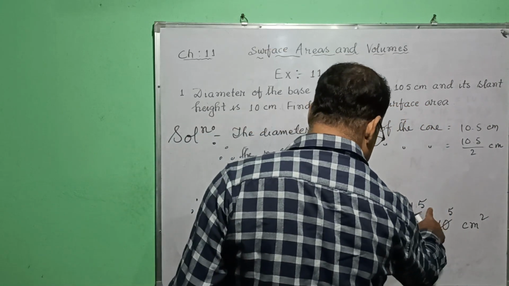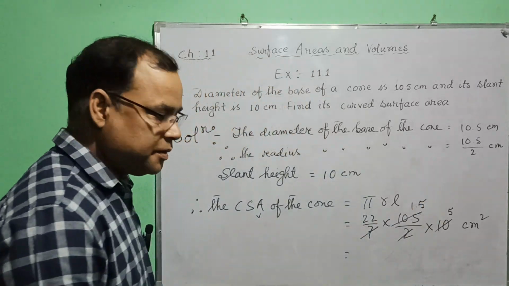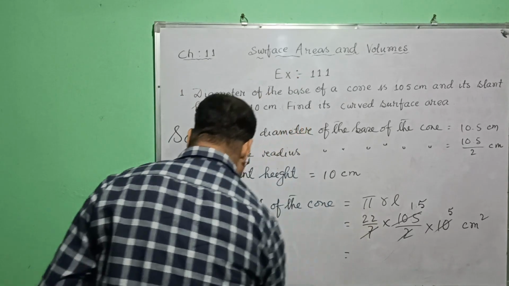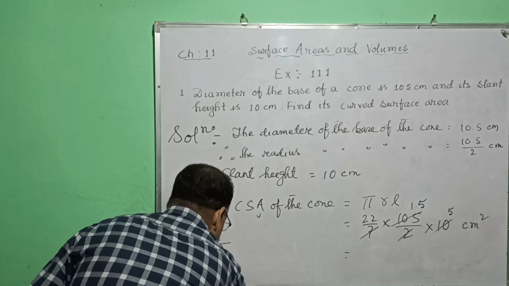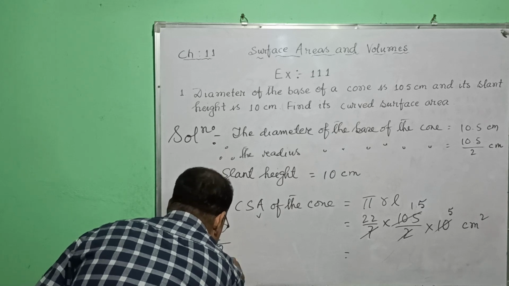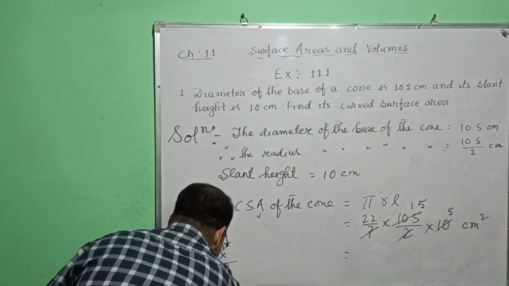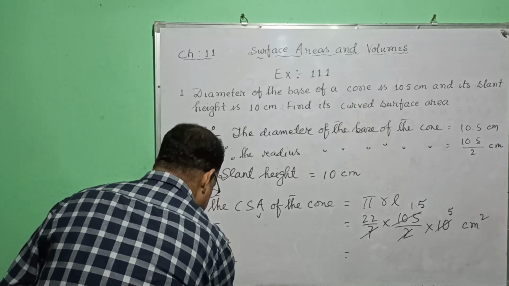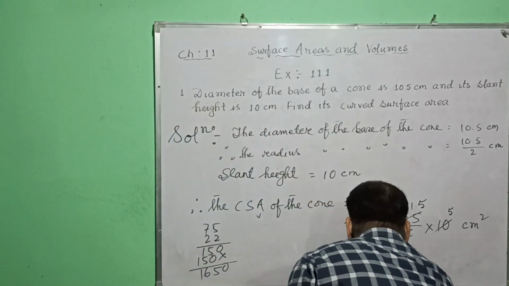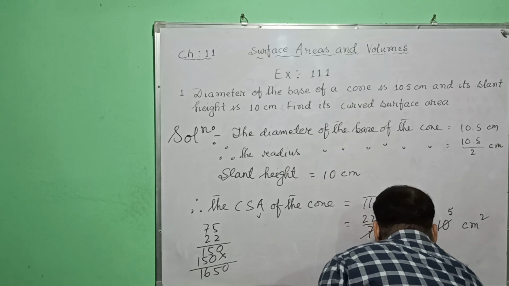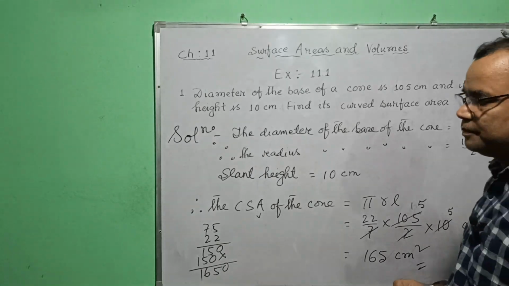So 1.5 into 5, it is 7.5 and here it is 22. So we'll multiply here 75 and 22. Here one decimal, so we put here one decimal there. So the answer is 165 centimeter square. So this is the answer of question number 1.